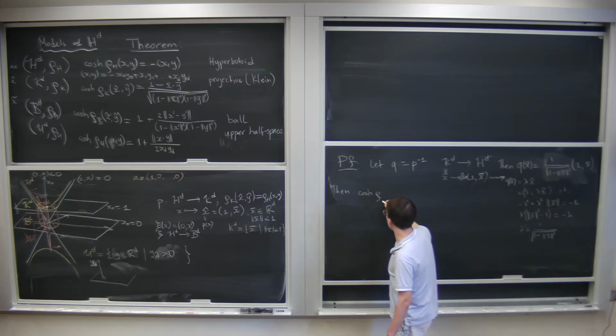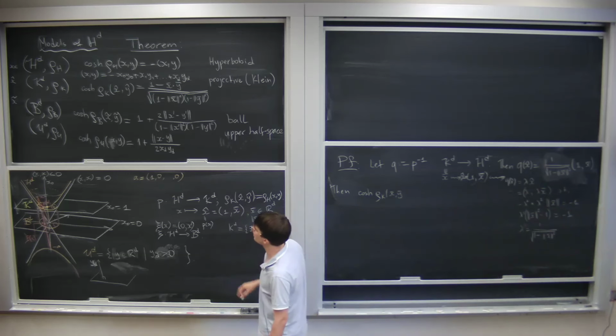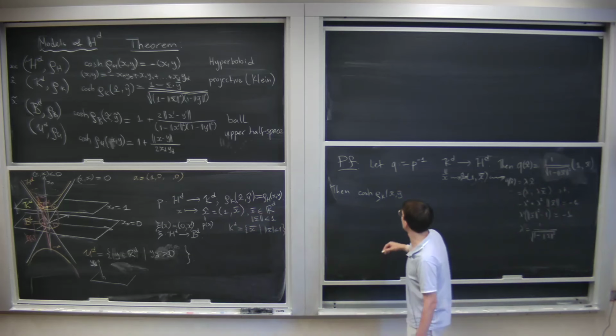Then the hyperbolic cosine of rho k between the points x. Well, technically I should probably write not x hat and y hat, I probably should write just x bar and y bar, but it doesn't matter.